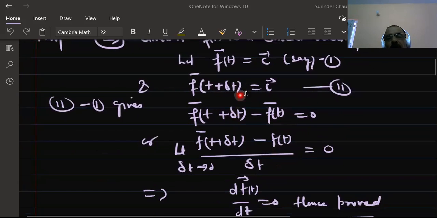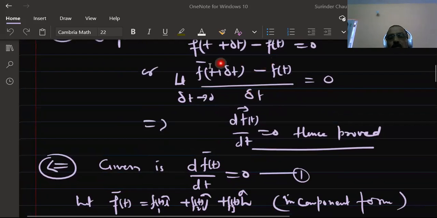Subtracting the first from the second, we get f(t plus delta t) minus f(t) is equal to 0. Dividing by delta t and taking the limit as delta t tends to 0, we get the definition of derivative: df/dt is equal to 0. Hence, if f(t) is a constant vector function, then its derivative is equal to 0.